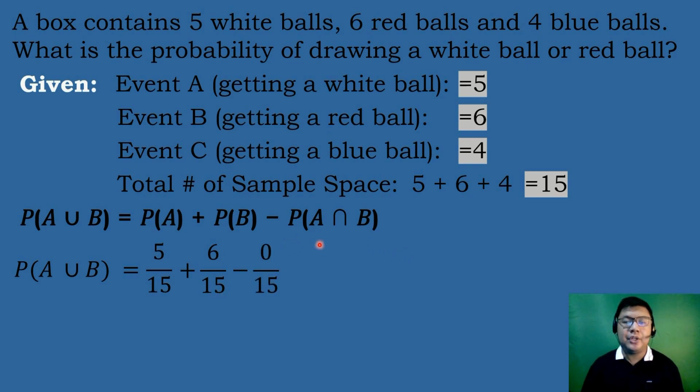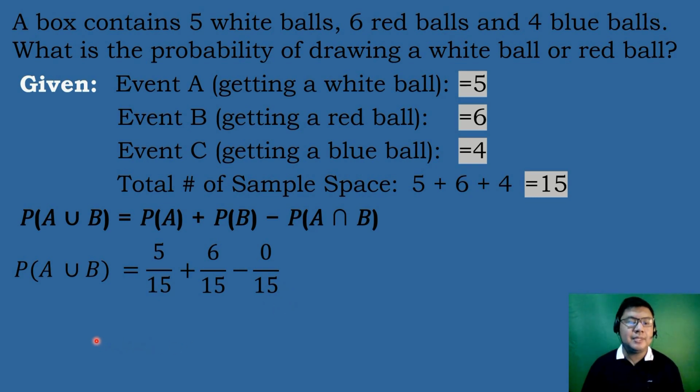Minus the probability of A intersection B, which is equal to 0 over 15 because there is no intersection between the white ball and the red ball. So 0 event outcomes all over the total number of sample space, which is equal to 15.